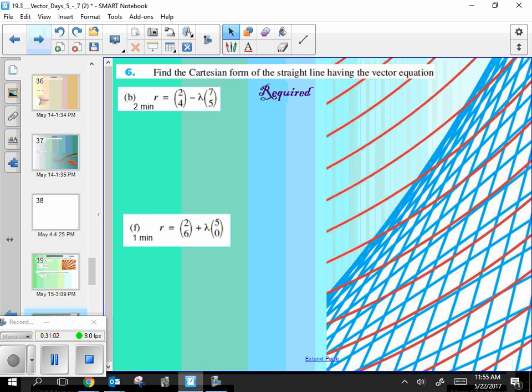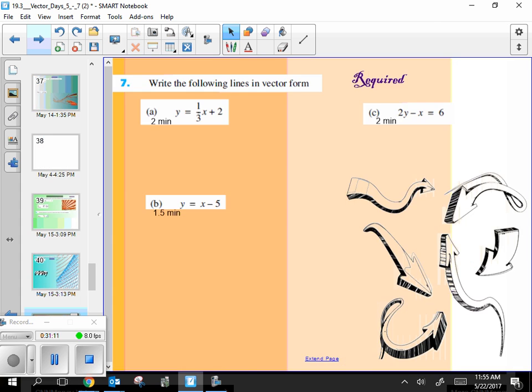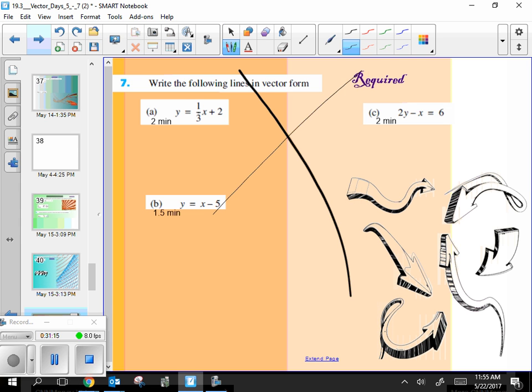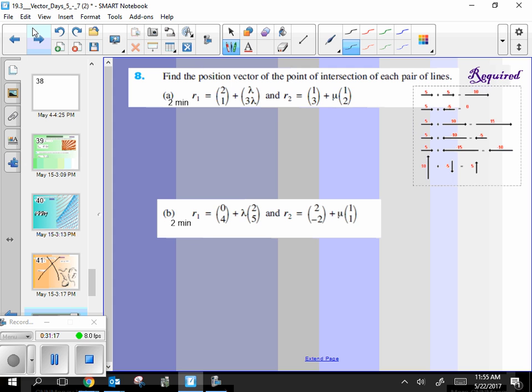Then you are going to do number 6 part B, but not F, so you can throw that out. Then you are going to skip this entire page. And then you get to this page, and these are the tough ones, the ones like we just did. I will tell you, both of these intersect. They will intersect at a point.